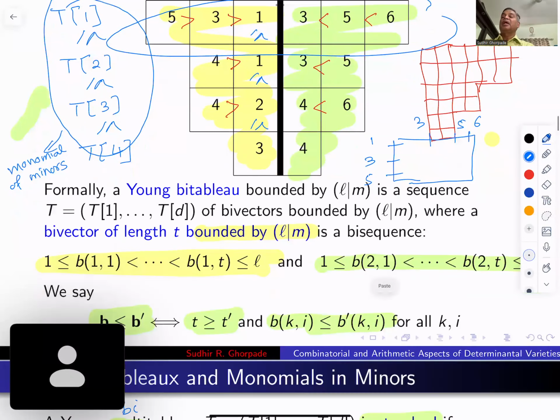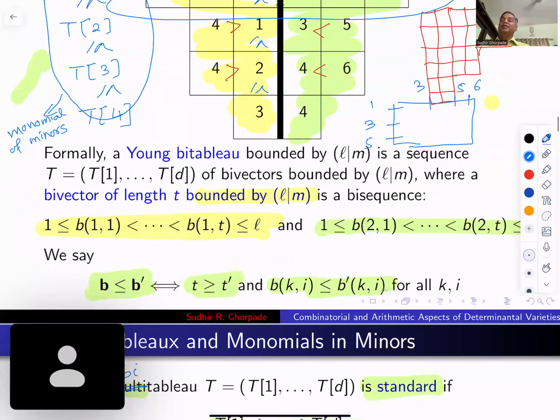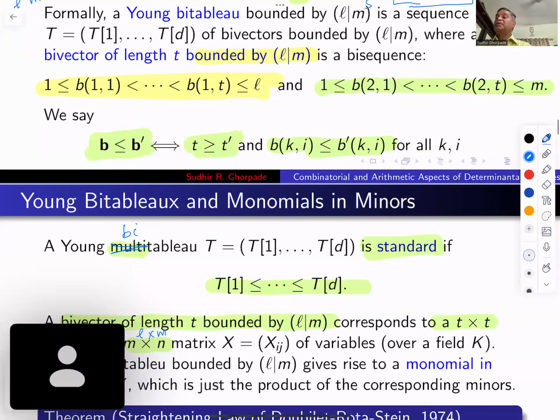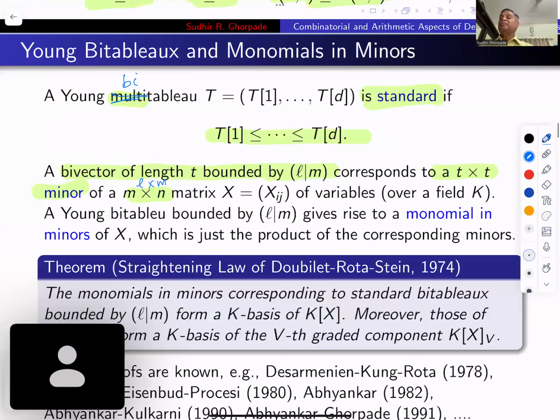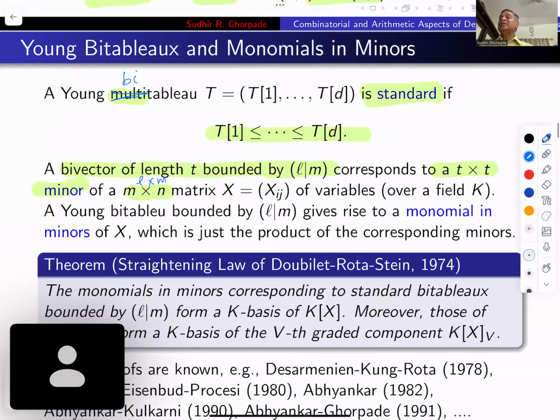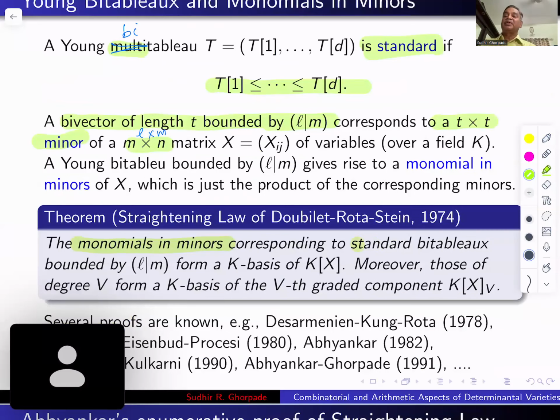Now here is a remarkable result: if I take the monomials in minors corresponding to bitableaux which are standard in the sense that I defined, lengths are decreasing, column wise they are increasing, standard bitableaux bounded by L, M, then they form a vector space basis of the polynomial ring K[X]. Moreover, those of degree V will form a K-basis of the graded component K[X]_V.